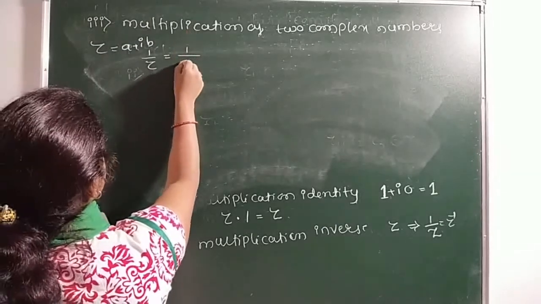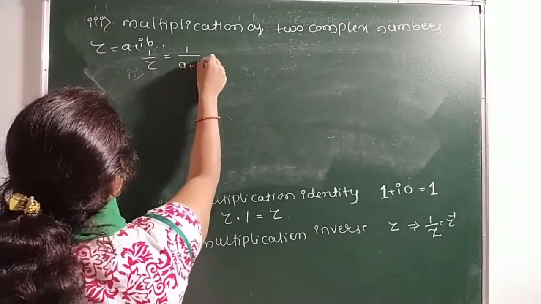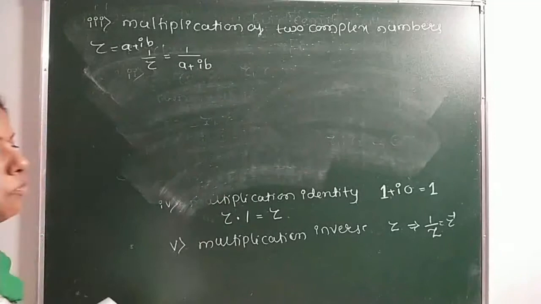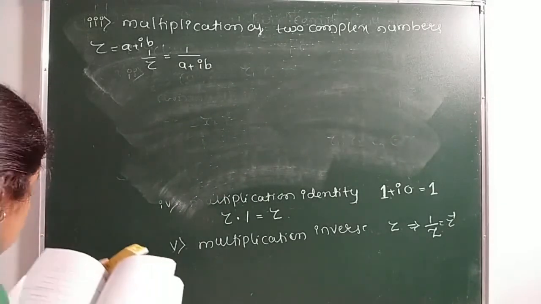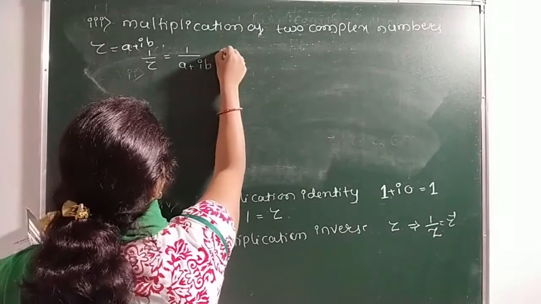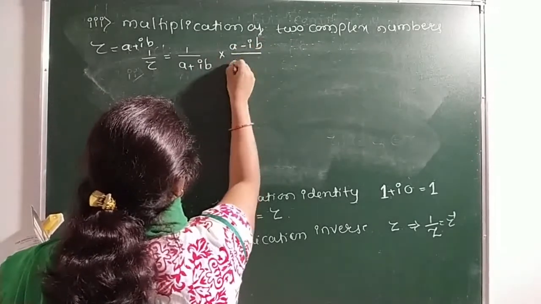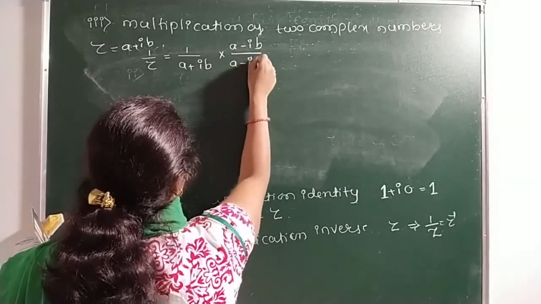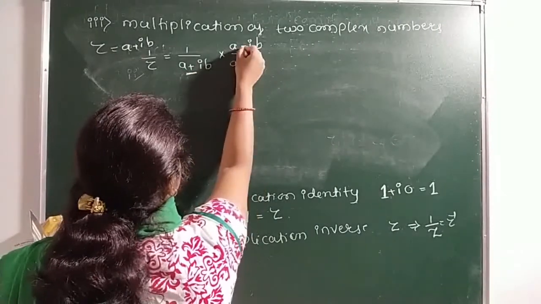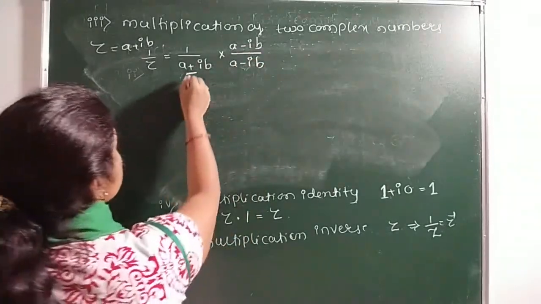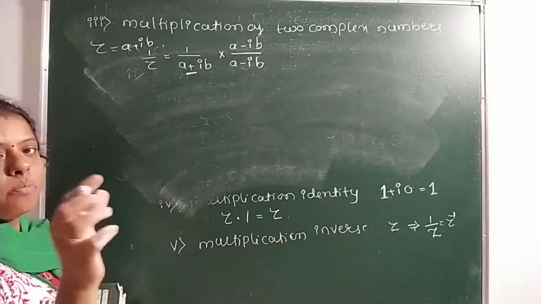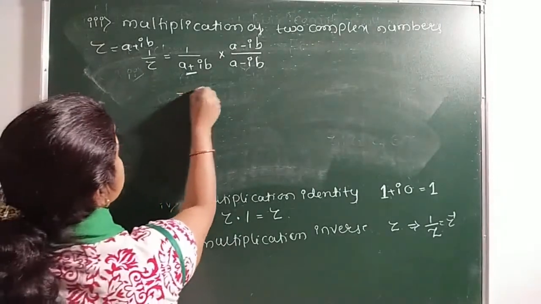We have to write this in the form a plus ib, so we take the conjugate of this term. The conjugate means we change the middle sign, and then the complex form becomes the conjugate complex form.